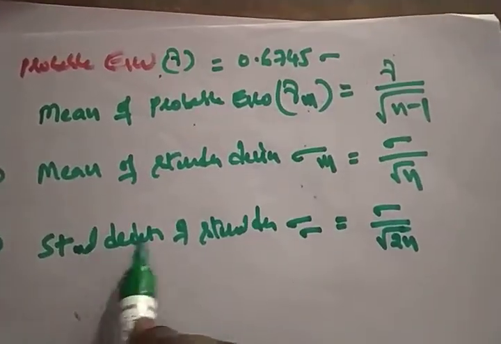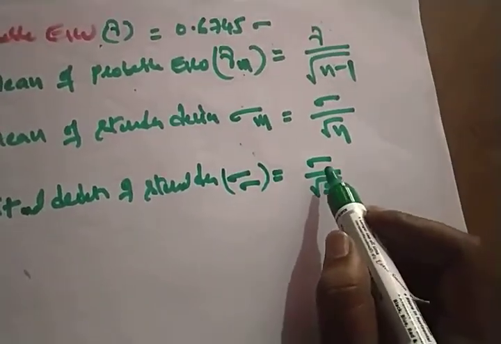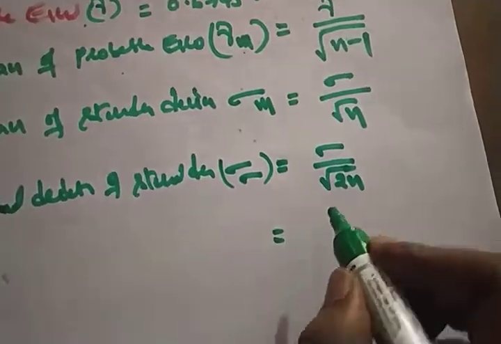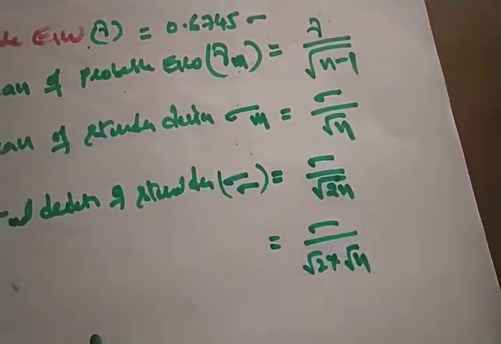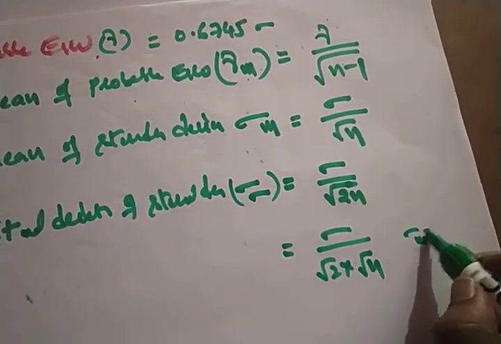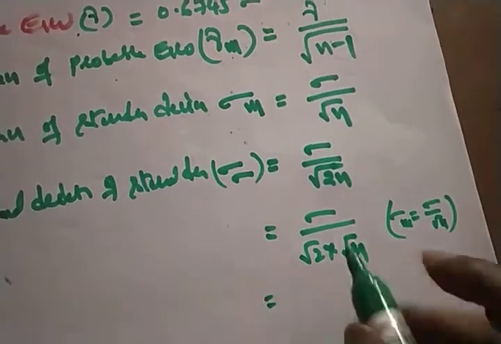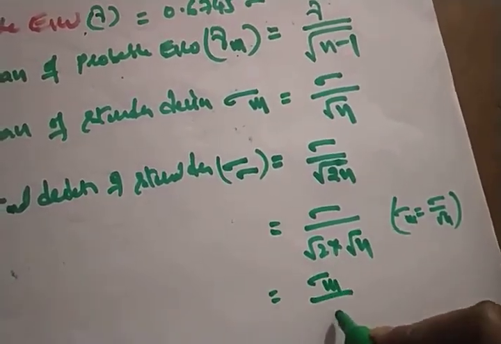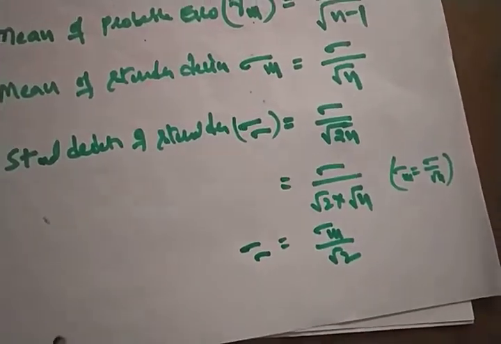So standard deviation of standard deviation can be denoted by sigma sigma. So that is sigma by square root of 2n. Sigma by root 2 into root n. So sigma by root n we call sigma m. So you can write it as sigma m by root 2. So from this you know the relationship.